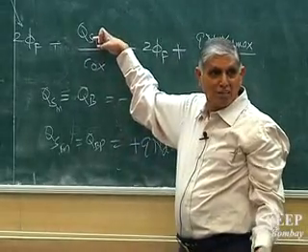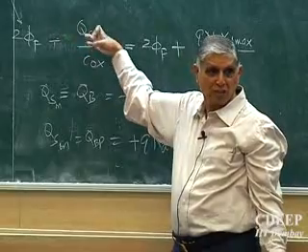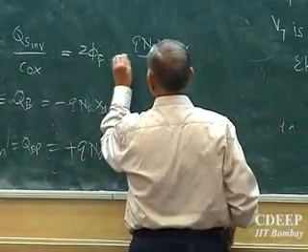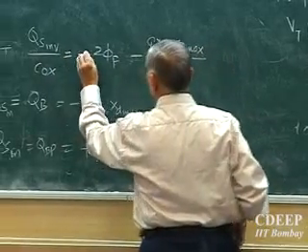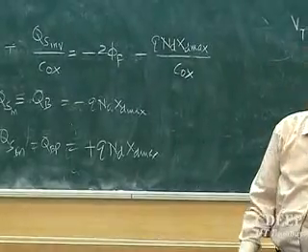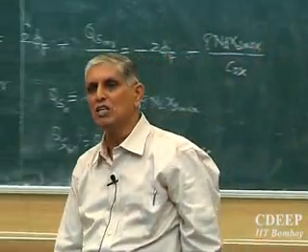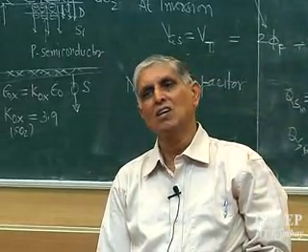This sign came from the VGS expression, VGS is Vox plus psi S. So if I substitute this here, this quantity will become plus, minus, and this also is minus. So for creation of a hole inversion layer in N substrate, Vt is always negative.